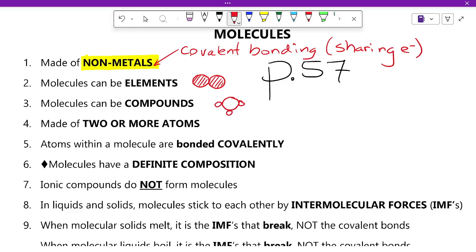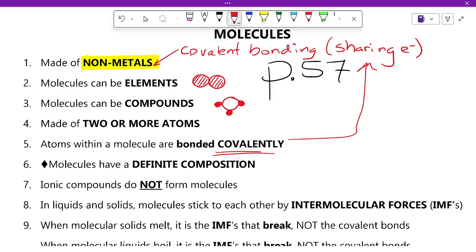It's made of elements that are different. But they have to be made of two or more atoms. Otherwise, you just have an atom. You don't have a molecule. We already said they're bonded covalently, which means they share electrons.